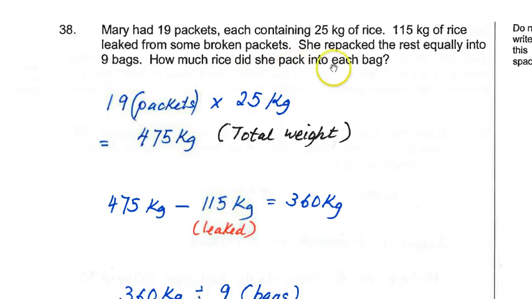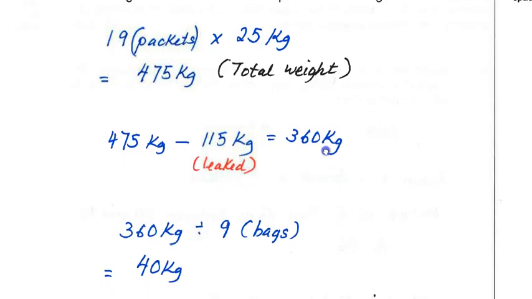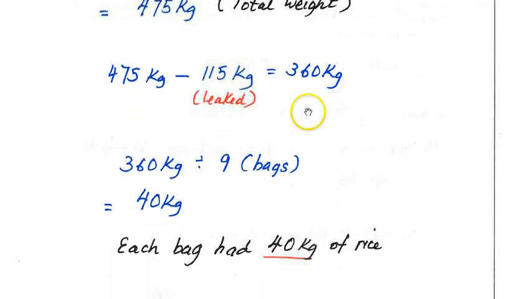How much did she pack into each bag? All you have to do is take the total weight minus the leaked part. You get 360 kilograms of rice left over. Then all you have to do is divide this 360 into 9 bags, because she packed them into 9 bags. So it's 40 kilograms each.